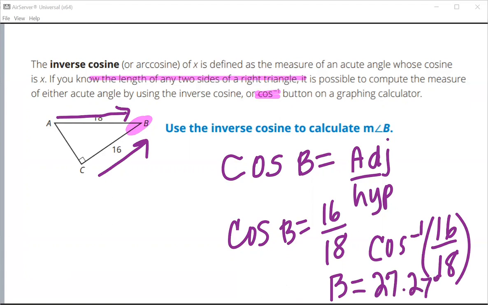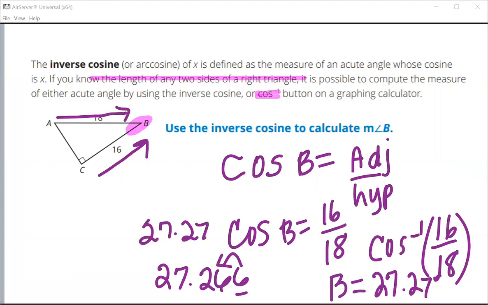Now, just a small note, on your calculator you may see 27.266. Remember, if we round to the nearest hundredth, I'm going to bump this up, so then I get 27.27 degrees. All right, so let's take a look at another example.